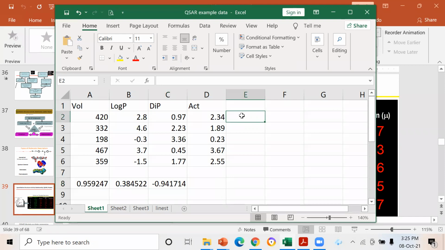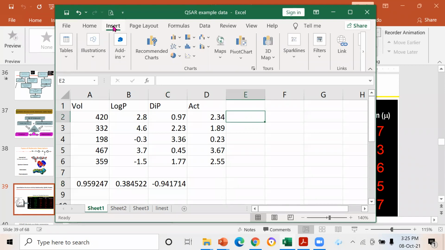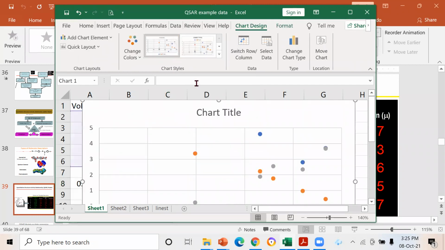Okay, now let us plot it and see. First, volume versus activity.